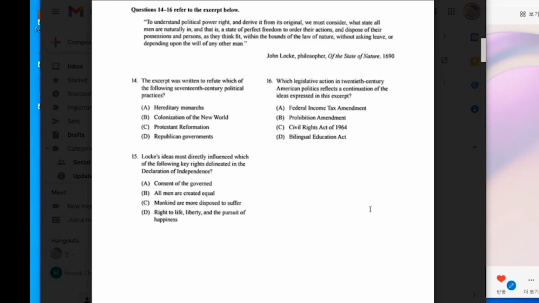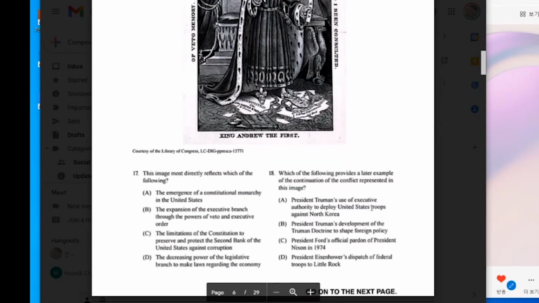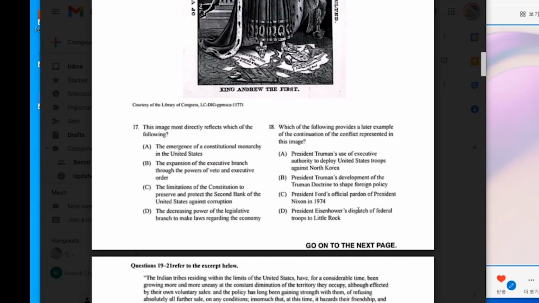D. D, perfect. Okay, 16. C. C, okay. And let's move on to this one, one of the favorite excerpts. I think this image also appeared in one of the free response questions. It was one of the SAQs in the real test. Okay, 17. A. A.